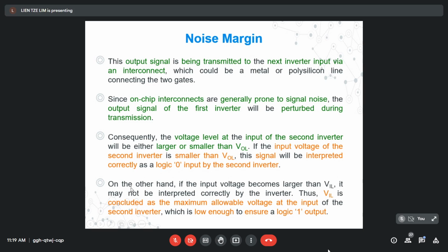On the other hand, if the input voltage becomes larger than VIL, it may not be interpreted correctly by the inverter. Thus, VIL is concluded as the maximum allowable voltage at the input of the second inverter which is low enough to ensure a logic 1 output.